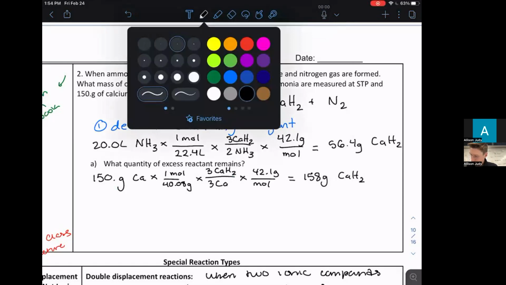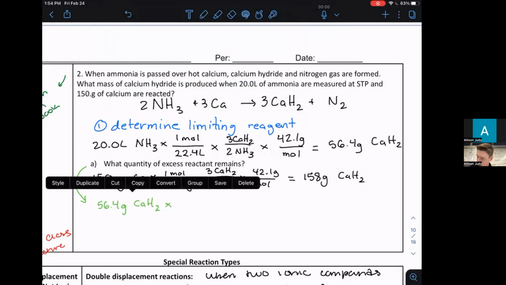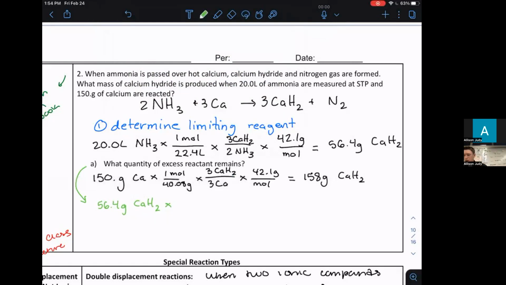So we go down here. We start with our 56.4 grams of calcium hydride, and then we work backwards until we find out how much of our calcium remains, because our calcium is our excess reactant.